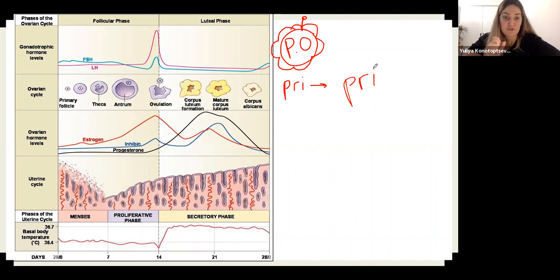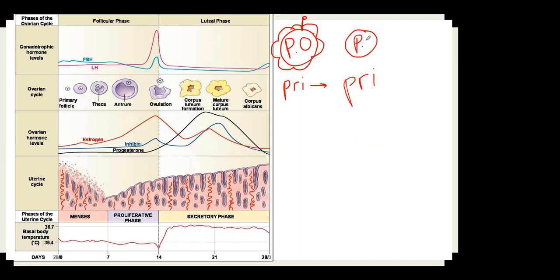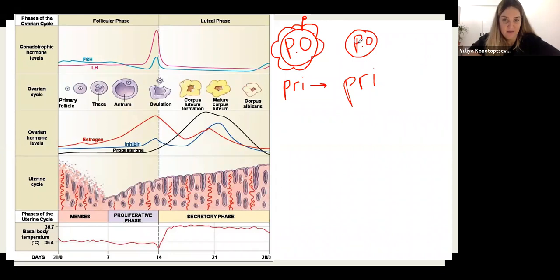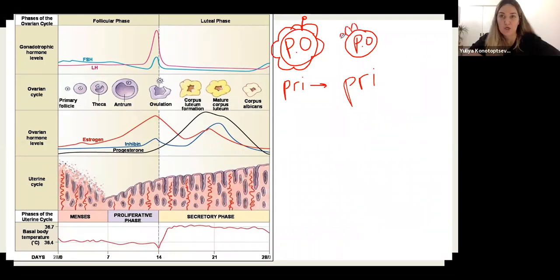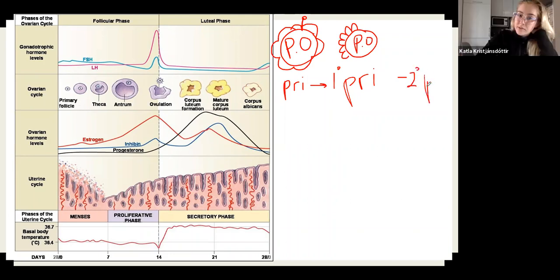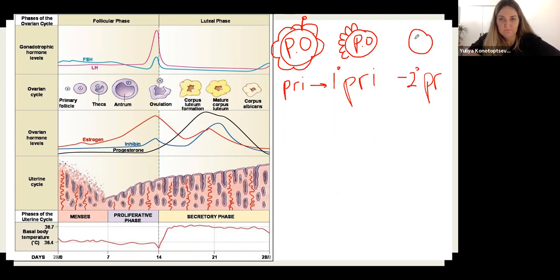Let's talk about first stage of primary follicle. What are the differences? The follicular cells become cuboidal. But inside we still have primary oocyte. Am I right? So now follicular cells here are simple cuboidal. What is the second stage of primary follicle? Stratified cuboidal. But inside we still have primary oocyte.